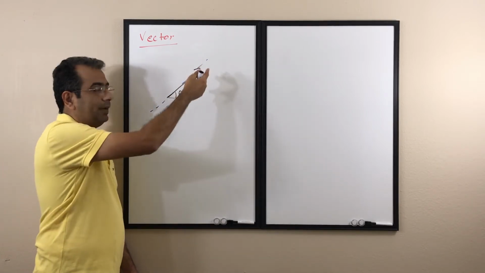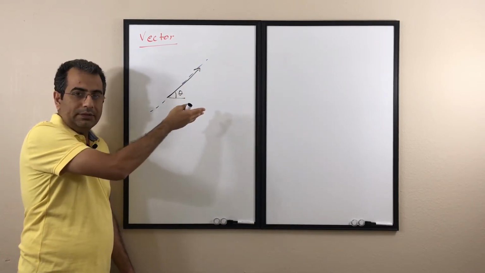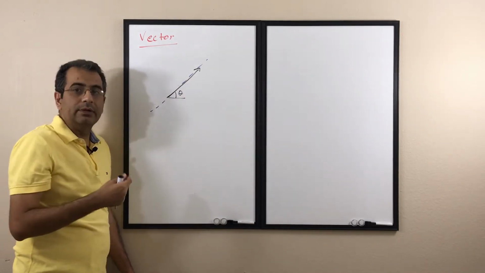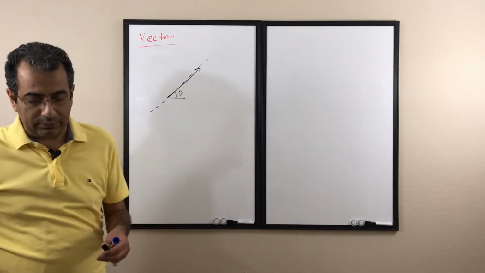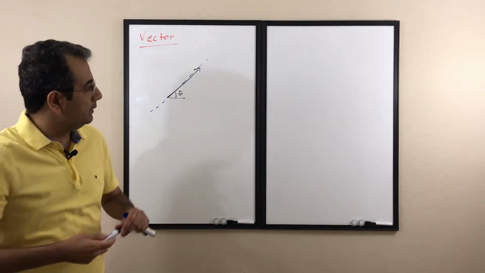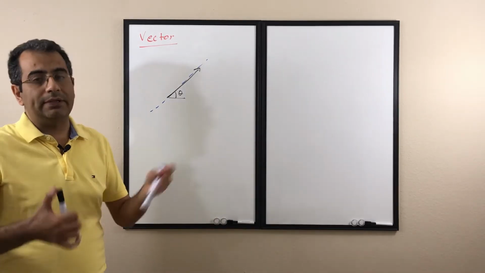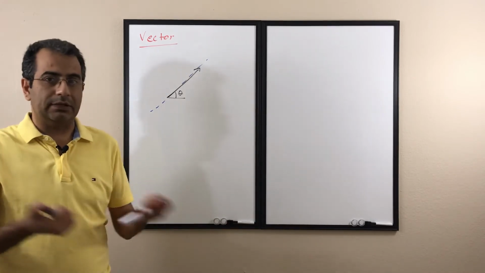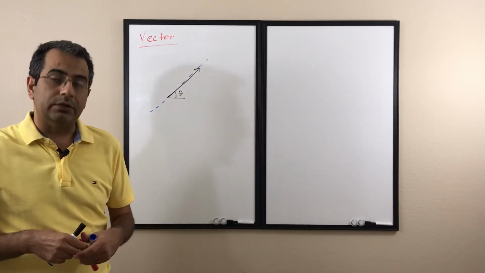So what magnitude it has, what direction it has, that's how we're going to define it. The force, which is the one unit we are going to use a lot in statics, is a vector. So it has both magnitude and direction, and both of them are important.